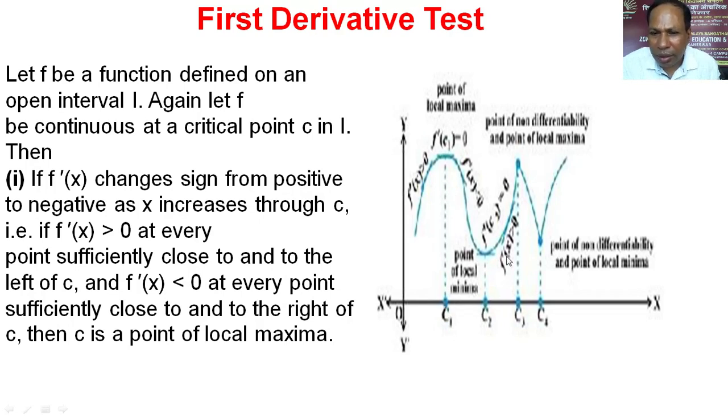Similarly, we can find whether the function has local maxima or local minima at the other points. And if we consider this point c4, the first derivative does not change sign. That means there is a steady rise in the function. So there is no change in the sign of the first derivative of the function at c4 or in the close neighborhood of c4. So this point is called the point of inflection.